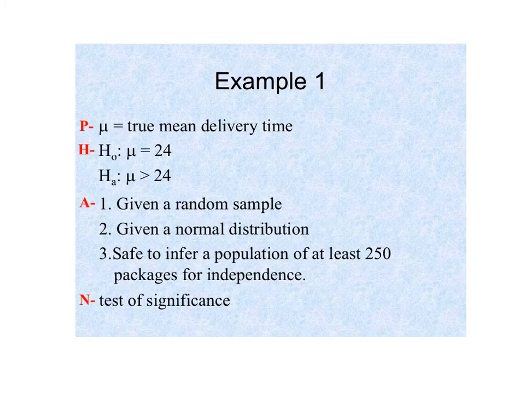we're still going to state the parameter. Okay, so the parameter in this case is, we use a symbol for mean, this mu symbol. It's the average delivery time. The original claim, the original hypothesis is the company's claim.